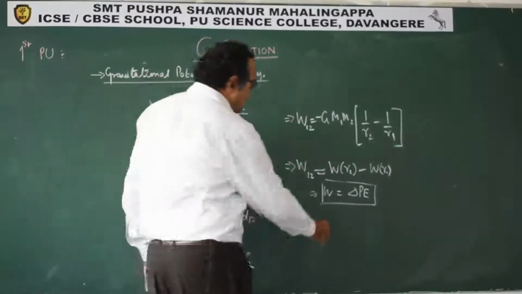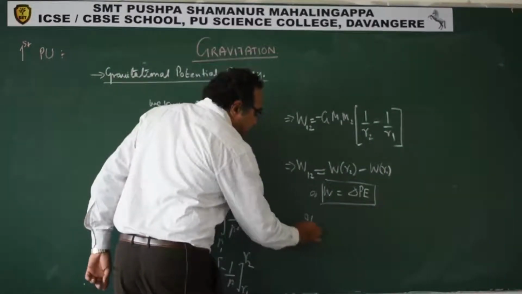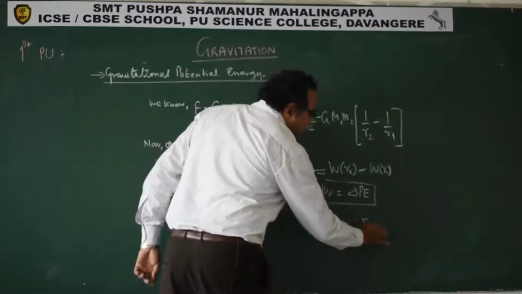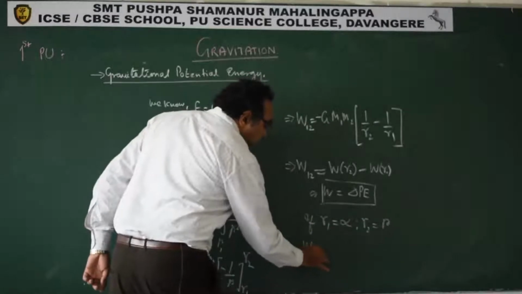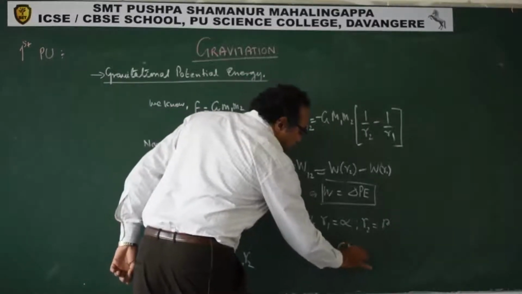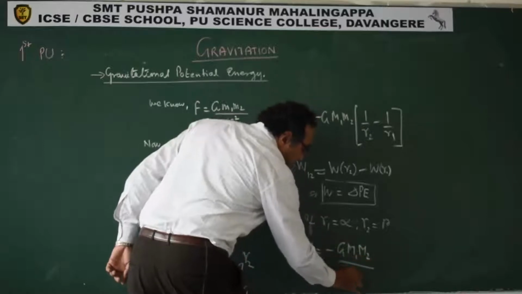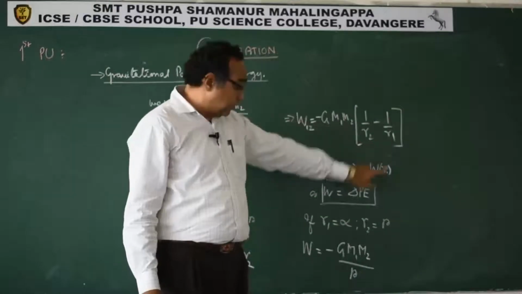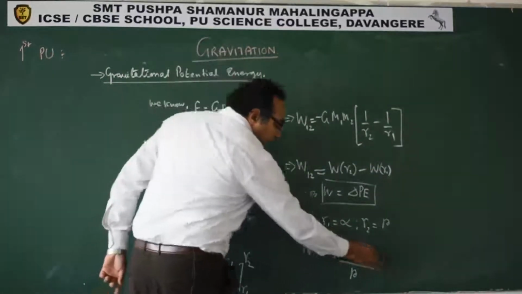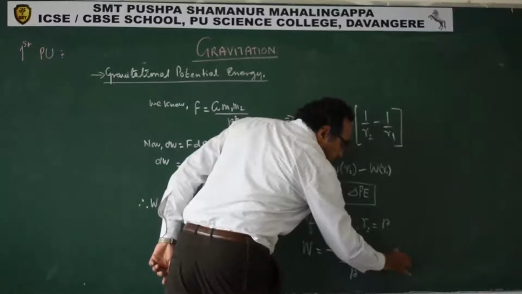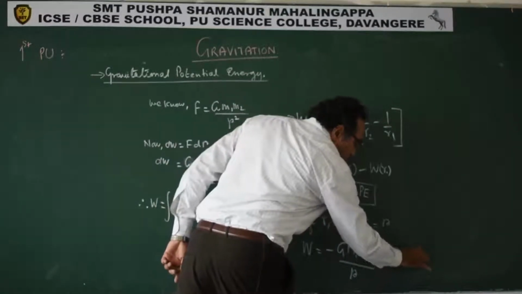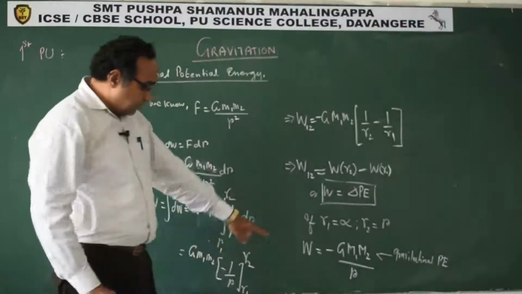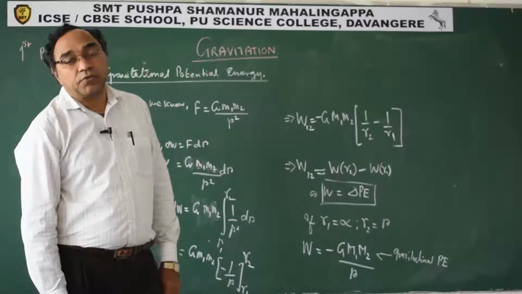If r1 is infinity and r2 is r, then W is equal to minus of G m1 m2 by r. This is exactly what we get, because 1 by infinity makes it 0. This is your gravitational potential energy of the system, minus of G m1 m2 by r.